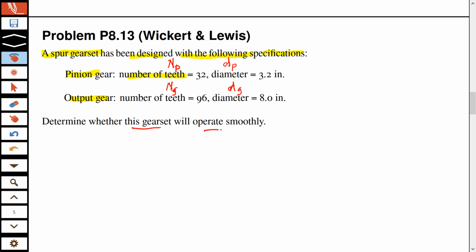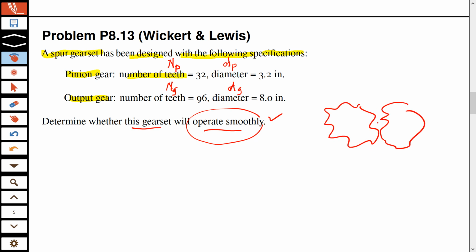Determine whether the gear set will operate smoothly. Remember, we had a requirement that when two gears mesh with each other, they can only operate smoothly if they both have the same proximity.